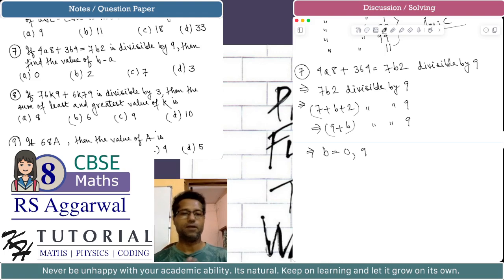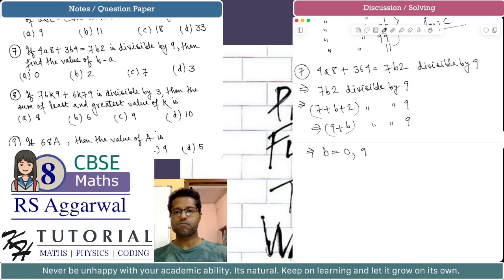We have to find the value of b minus a. So b can be 0, b can also be 9. These are the only two possibilities of b. B can be 0 or 9.